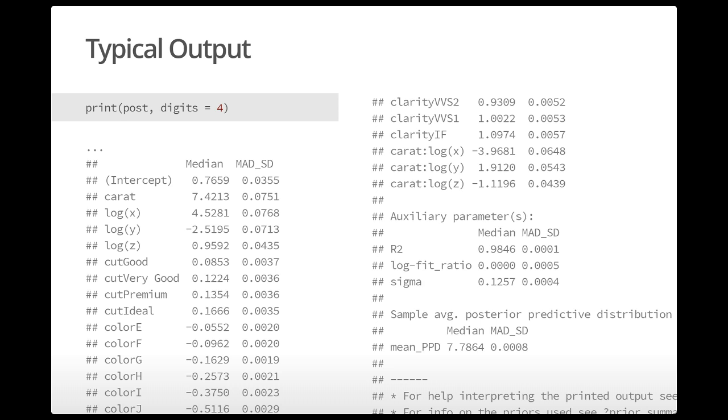Usually when people talk about medians as their measure of centrality, they talk about median absolute deviation as their measure of spread rather than standard deviation, which goes with the mean. Now you can calculate the posterior means as well, but the default output involves the posterior median.